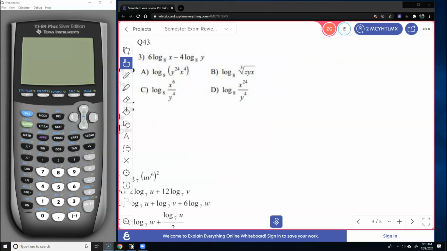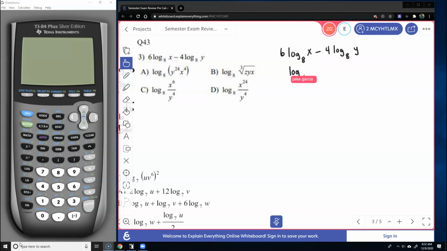Number 43, we're going to make it into a single log. So what you have is 6 log base 8 of x minus 4 log base 8 of y. We're going to use the power property.